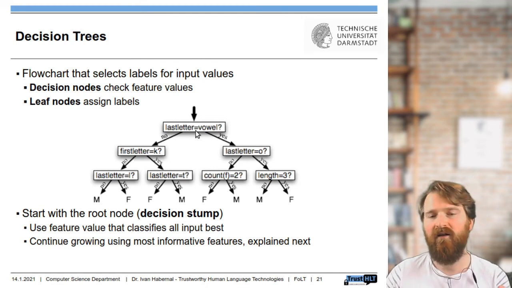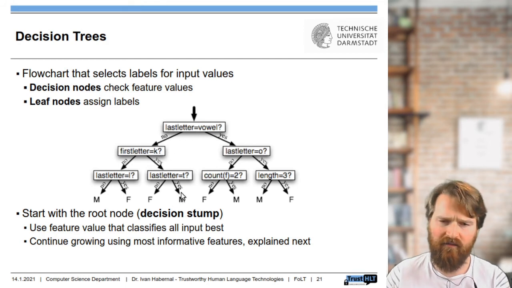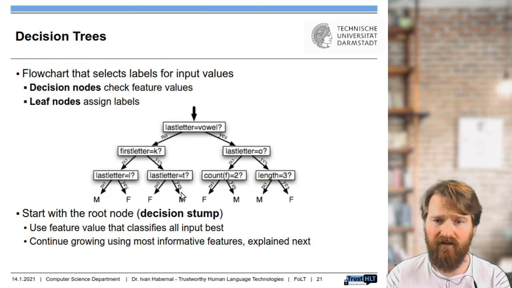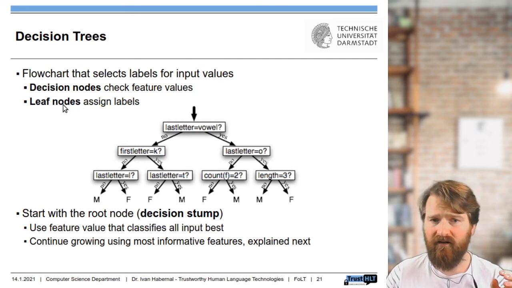So it's if-else on the feature values, and we end up in the leaves with the label. This example is classifying names into male and female, M and F, as a simplified binary decision, and the leaf nodes assign the labels.